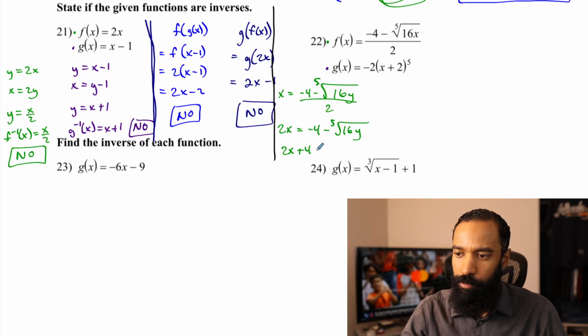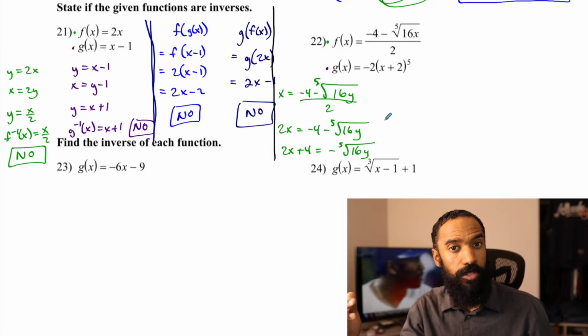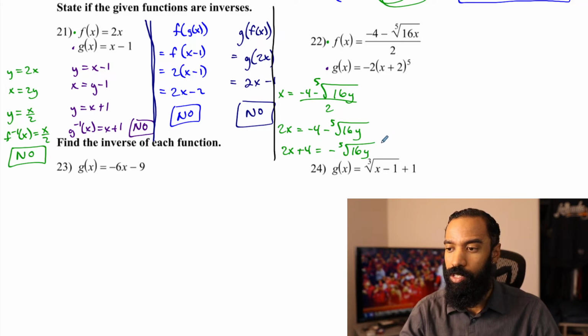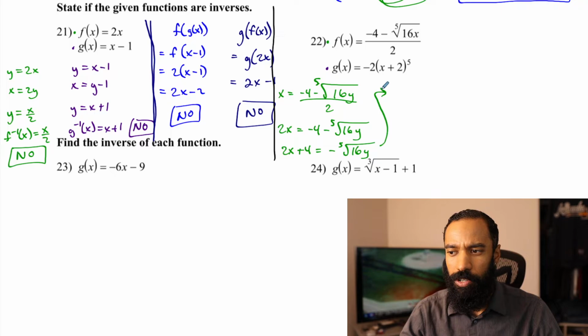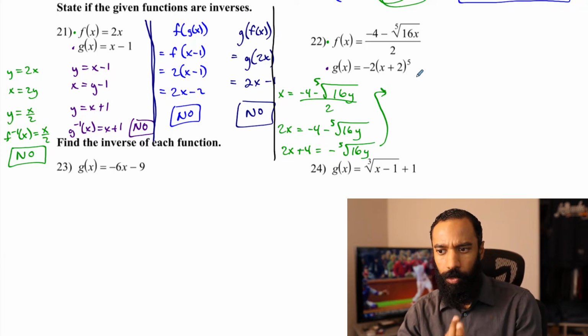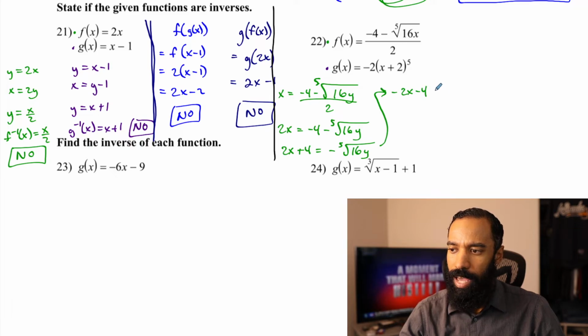2x plus 4 equals negative 5th root of 16y. That negative is like a negative 1, right? So if we divide both sides by negative 1, it's going to take that 2x plus 4 and change their signs. You could do negative 2x minus 4 like that.